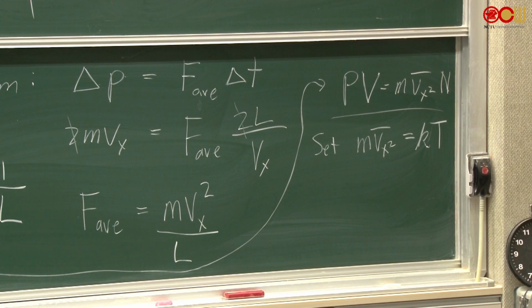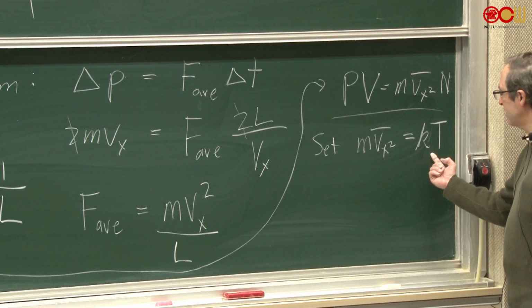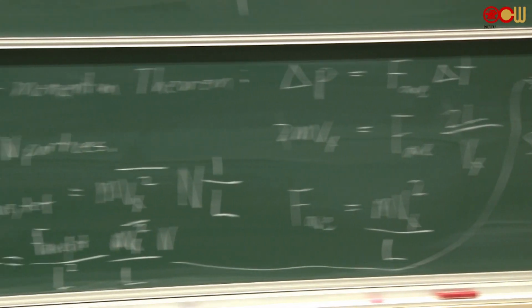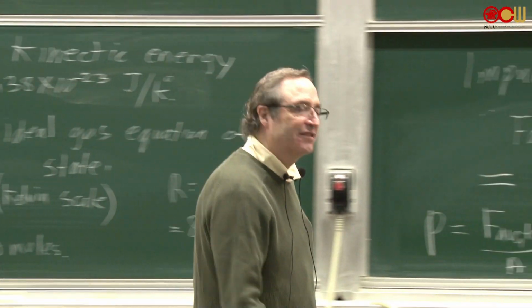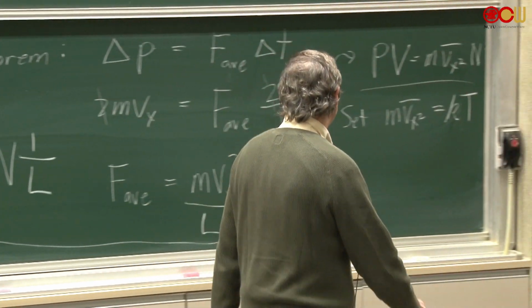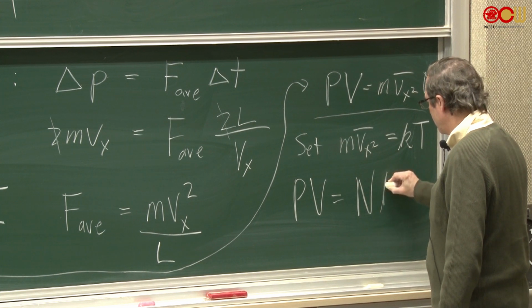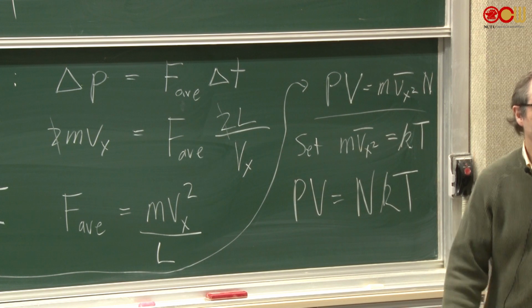There's nothing I could say or do to derive that, not from kinetic theory, not from classical mechanics. We set it this way so that it'll be consistent with experiments. That's the key idea. So this gives us PV equals NkT. So we have that result.